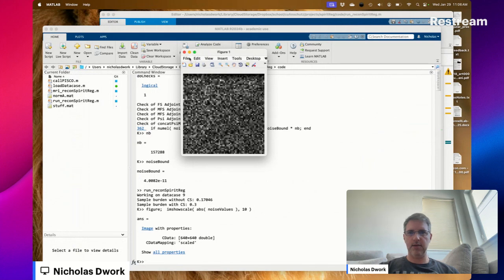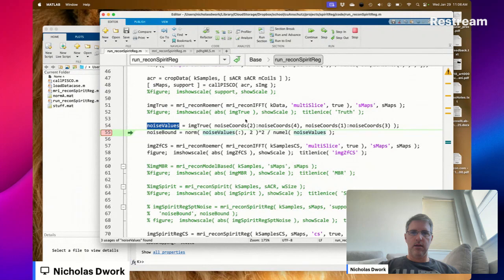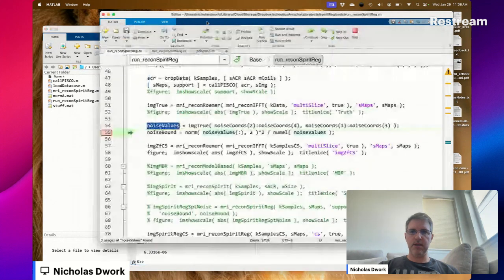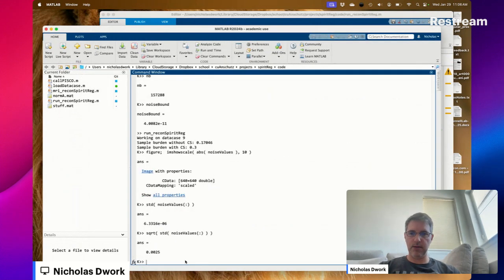Looks like it shades down at the top, actually. What is the standard deviation of the noise? 6 times 10 to the negative 6. So, okay, and what's the variance of that? Something times 10 to the negative 3? Yeah.